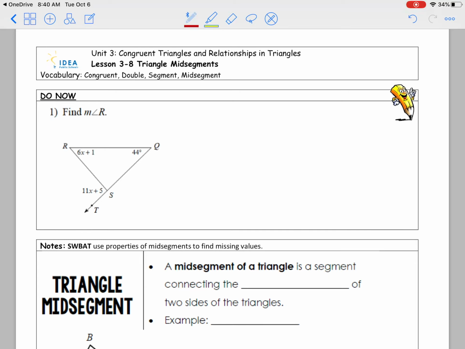Notice that this problem is dealing with the exterior angle theorem. Angle TSR is an exterior angle.